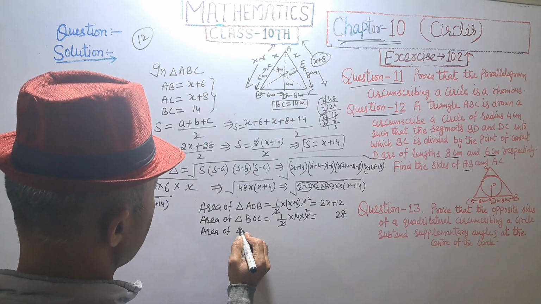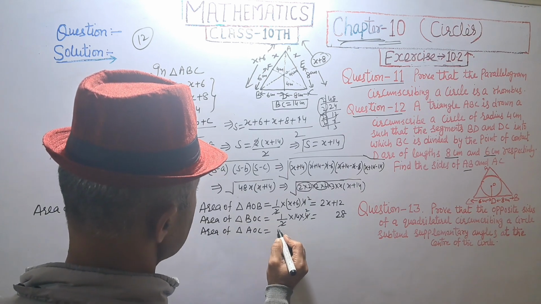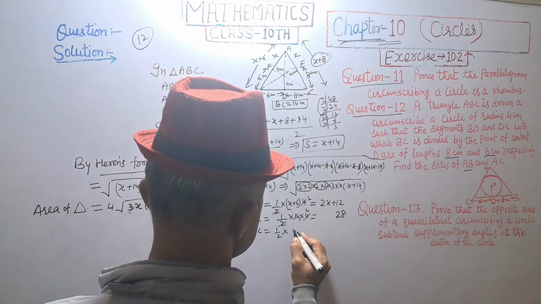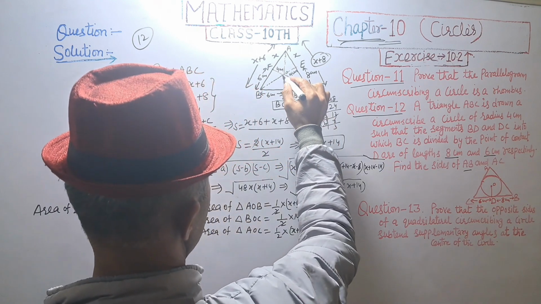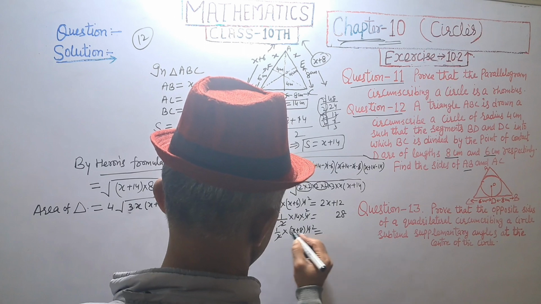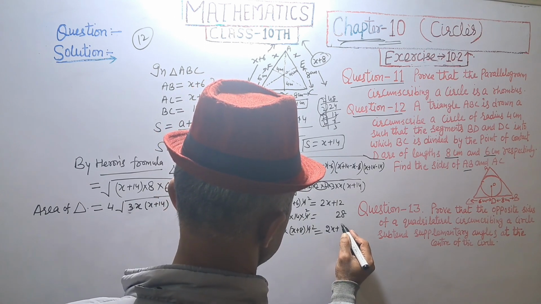Area of triangle AOC is equal to half into base x plus 8, height is 4, the same as the radius, divided by 2, and we get 2x plus 16.